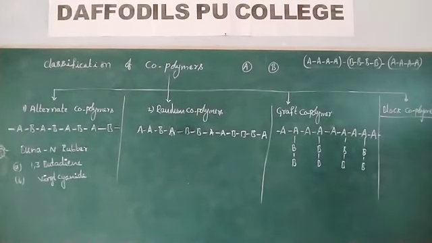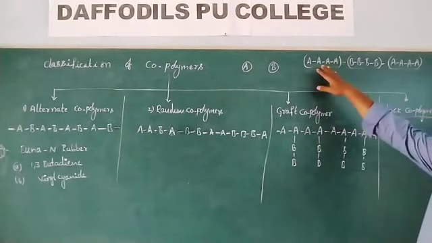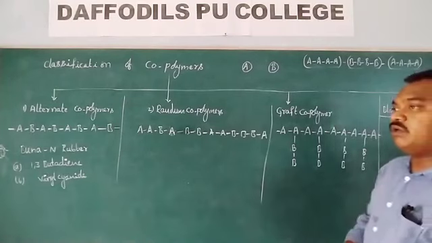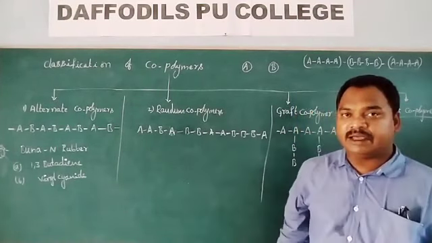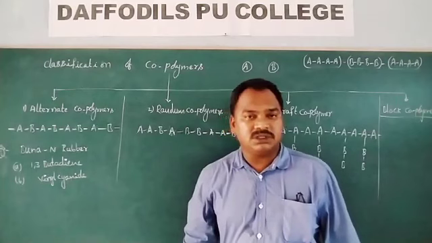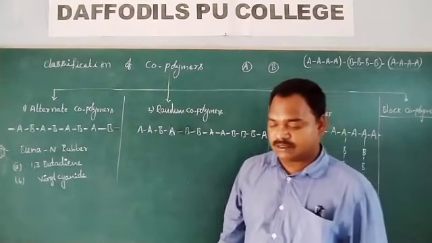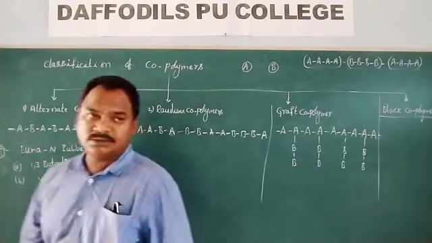In the case of block copolymers, a group of monomeric units forms a block. Another group of monomeric units forms a block. Like that, different monomeric units are arranged as blocks. So this is about the classification of copolymerization.